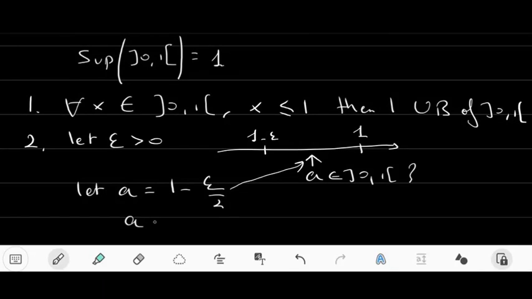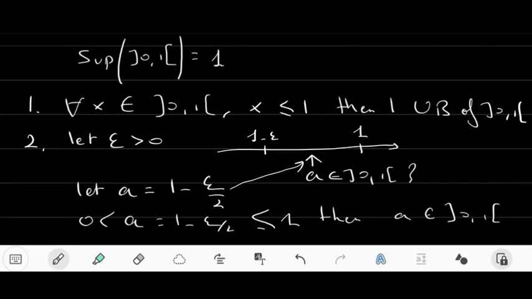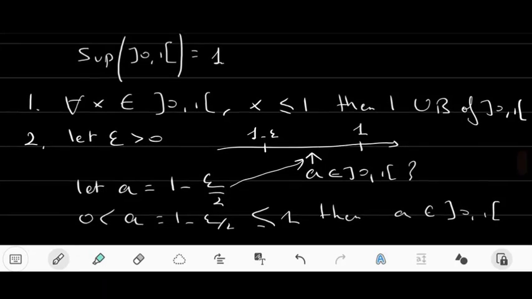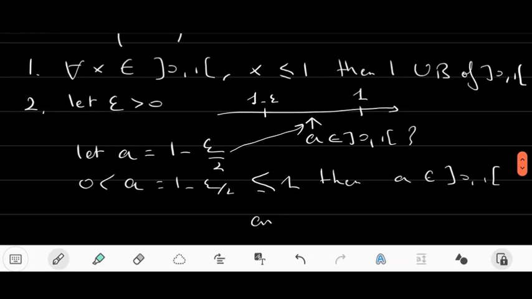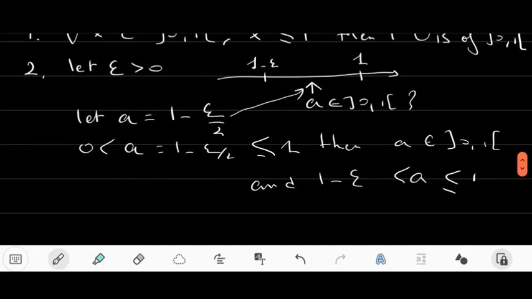So first, 1 minus epsilon over 2, of course, is less than 1, and it's positive, then A belongs to (0,1). This is the first thing. And then A is between 1 minus epsilon and 1, and of course it can't be equal to 1. Okay, so then 1 minus epsilon is not an upper bound of the set.